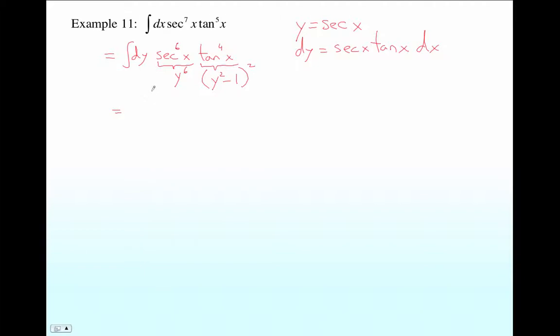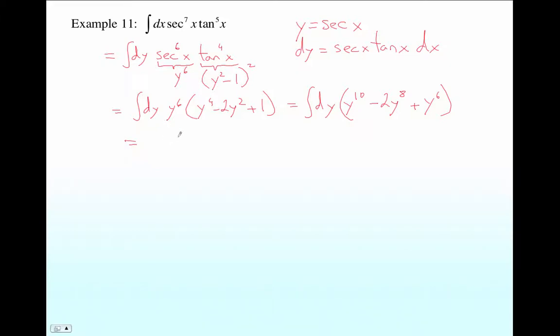Let's now open this out. This is the integral of dy times y to the 6, and opening this out gives you y to the 4 minus 2y squared plus 1, and that's the integral of y to the 10 minus 2y to the 8 plus y to the 6, each of which can be easily integrated. And in fact, let's write down the answer right away.